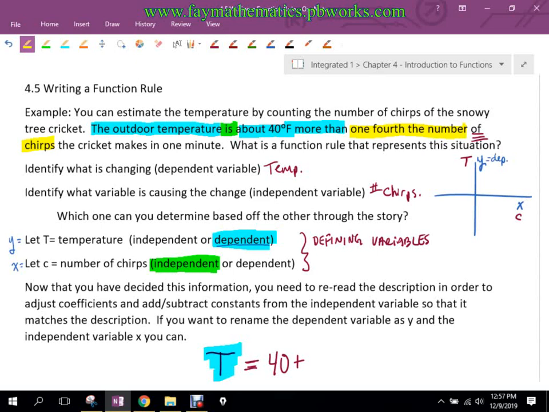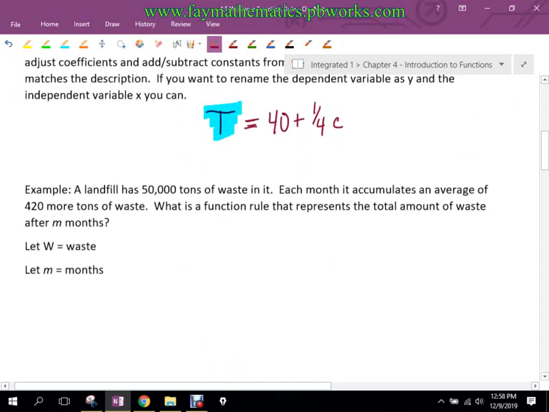The two things are 1/4 and chirps. Well, we said chirps was C, so now we've got 1/4 C. Now, could I rewrite this another way?